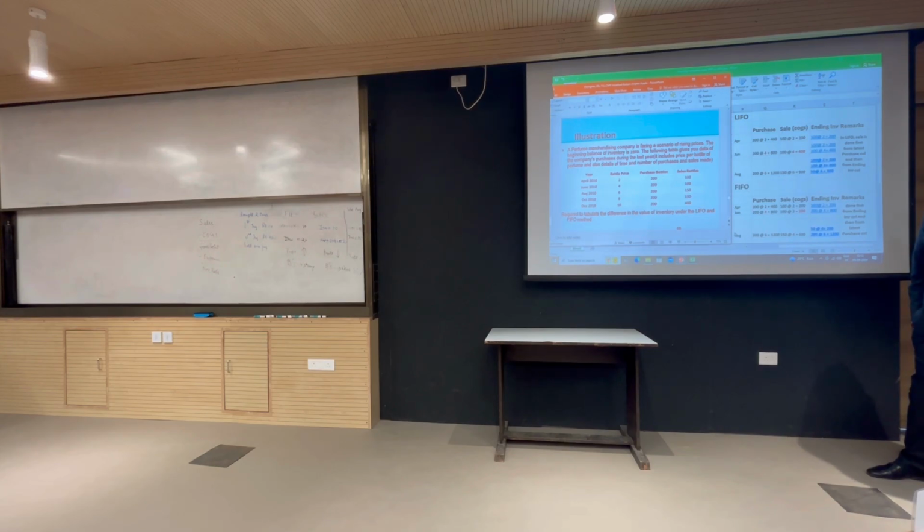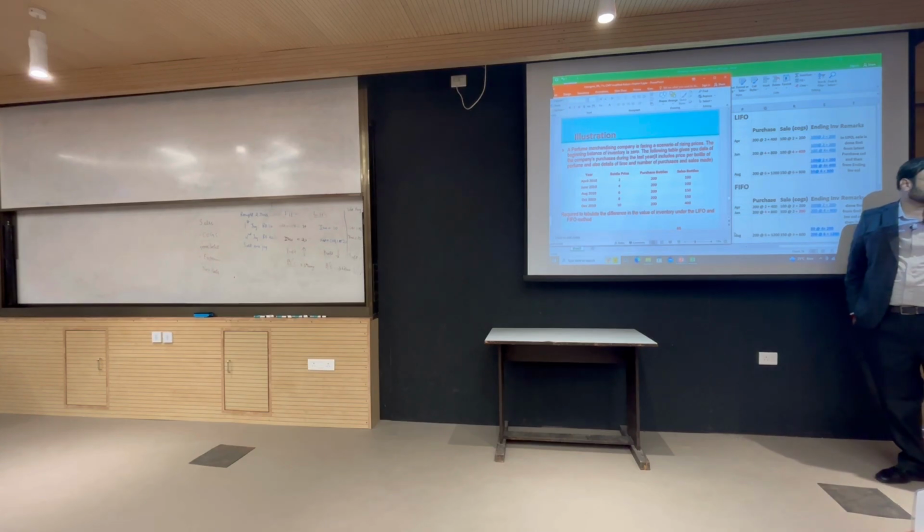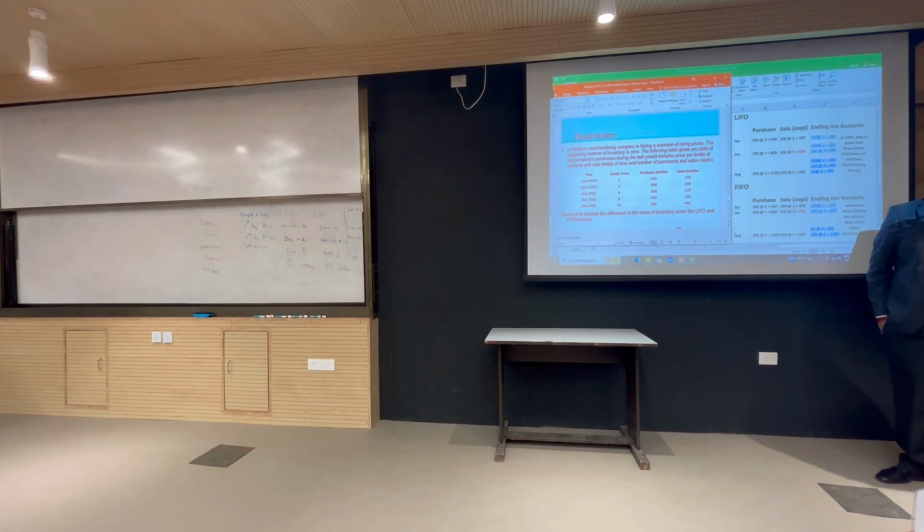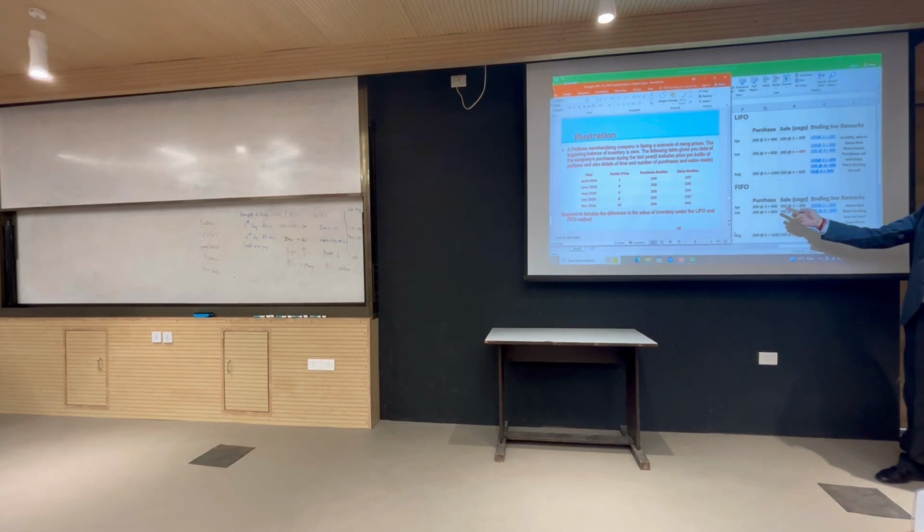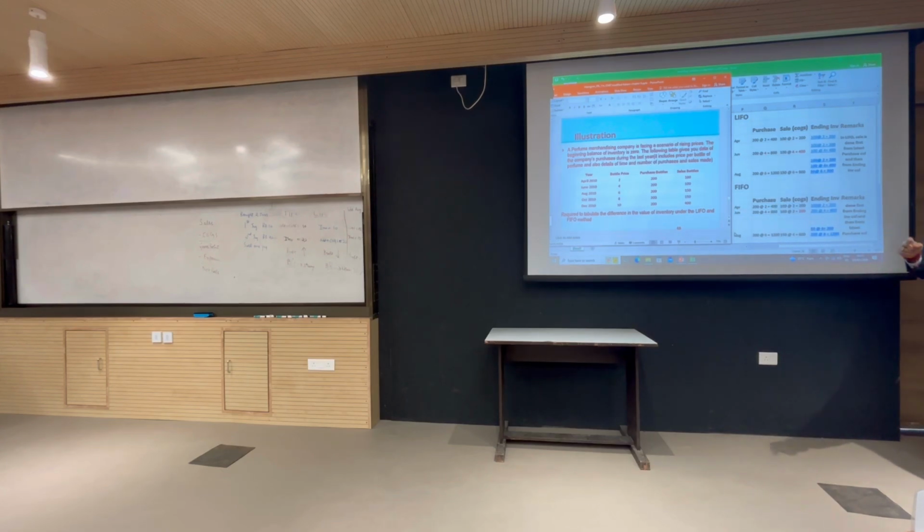Leave a little space. And then let's also do FIFO first, and then I will give you 5 minutes to complete your other things, right? So in FIFO, what's happening? First line is the same. In April, how much did you buy? 200 at 2, 400. How much did we sell? 100 at 2, 200. How much is lying with us? 100 at 2, 200.